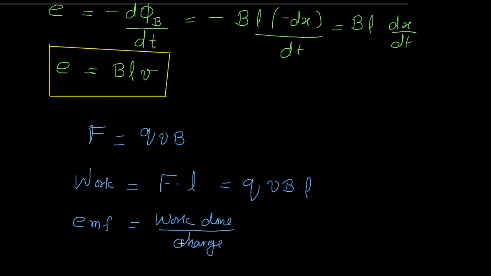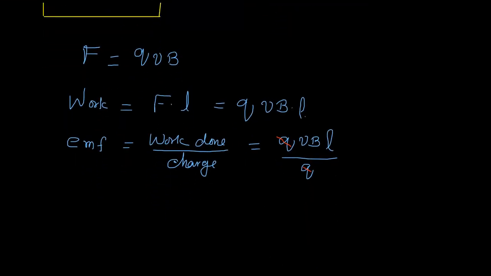Work done divided by charge, and that is QVBL whole divided by charge Q. Q gets cancelled out, hence the equation will be EMF E equal to BVL.